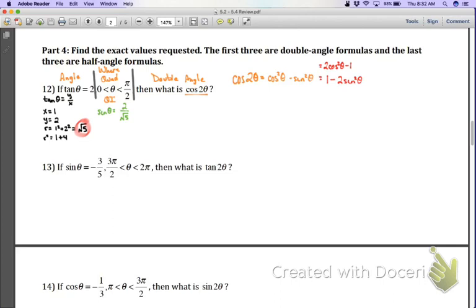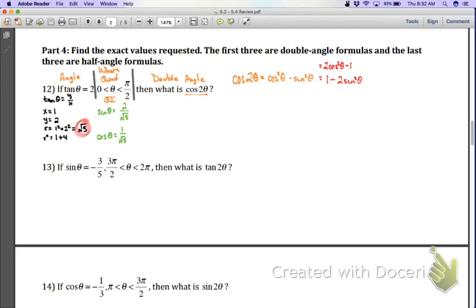Does that make sense? I wouldn't worry about rationalizing any denominator until the very end. It creates less work, because if you do it at the end, you only have to do it once. Cosine then is x over r, so 1 over the square root of 5.